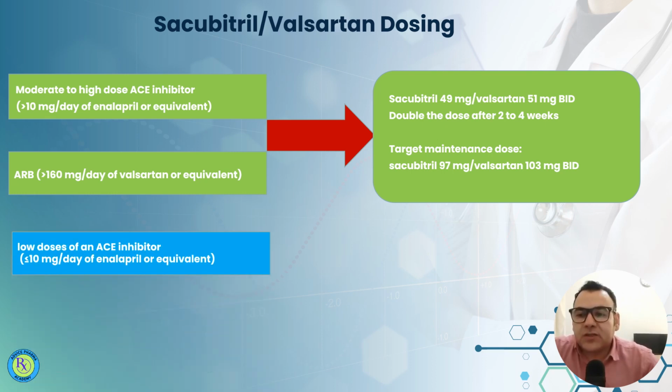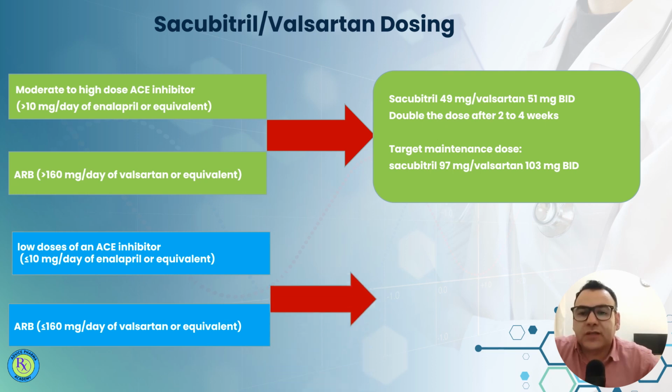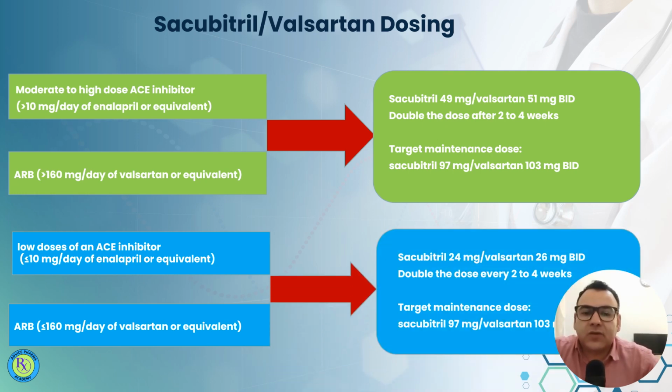If a patient is on a low dose of ACE inhibitor, like less than 10 mg per day of enalapril or equivalent, or less than 160 mg per day of valsartan or equivalent, this patient will be shifted to Entresto 50 mg twice daily, with doubling of the dose every 2 to 4 weeks, with a target up to Entresto 200 mg twice daily. So this is why we see a lot of patients on different strengths of Entresto based on prior use of ACE or ARB, their renal function, or the shift between medications.